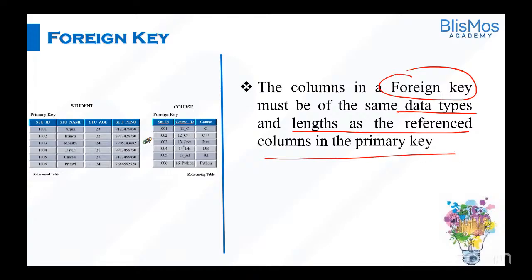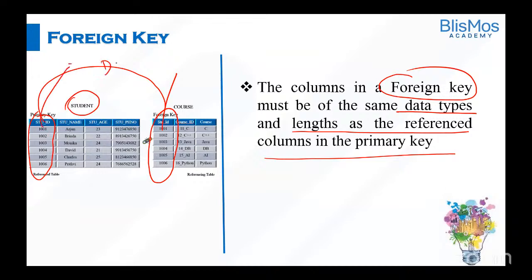So if I'm making the student ID, the primary key of student, a foreign key of course, these columns should have the same data type.